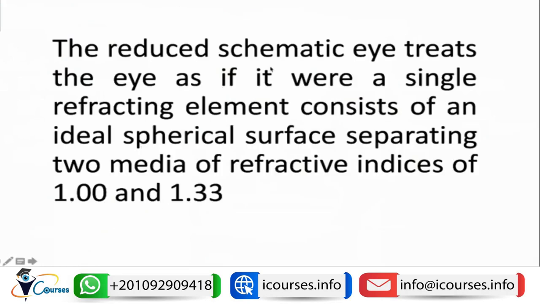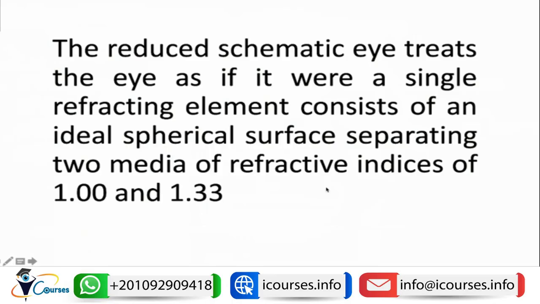To summarize, Donder's reduced eye treats the eye as if it is a single refracting element, consisting of an ideal spherical surface separating two refractive media.